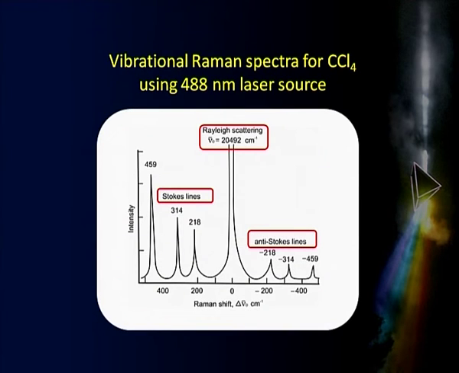Let us have a look at the vibration Raman spectrum for carbon tetrachloride, measured using a 488 nanometer laser source. At a frequency of 20492 centimeter inverse, which corresponds to 488 nanometer, we get a very intense line, which is the Rayleigh scattering, when delta V is equal to 0.